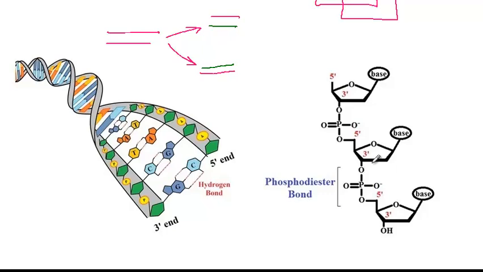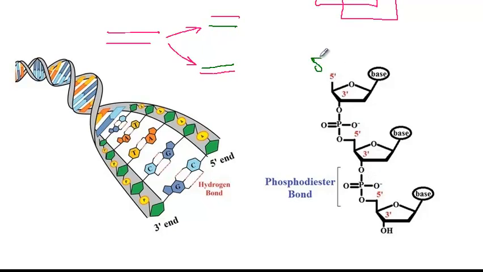So here you can see that the pentose sugar is connected to the next one via a phosphodiester bond, and same here. The order of binding, according to the site that the phosphodiester is bound, gives us the direction of the DNA strand.